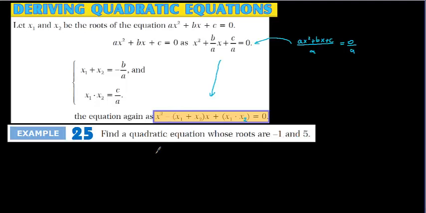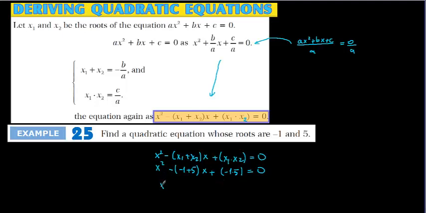Directly I'm going to write the formula here: x squared minus (x1 plus x2) x plus x1 times x2 is equal to 0. So x squared minus (minus 1 plus 5) x plus minus 1 times plus 5 is equal to 0.